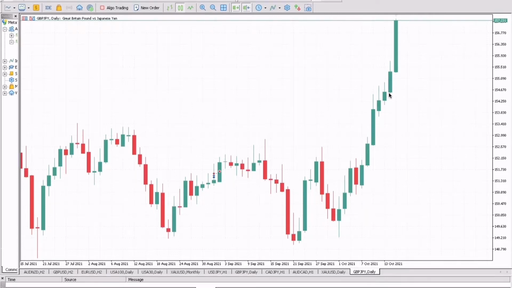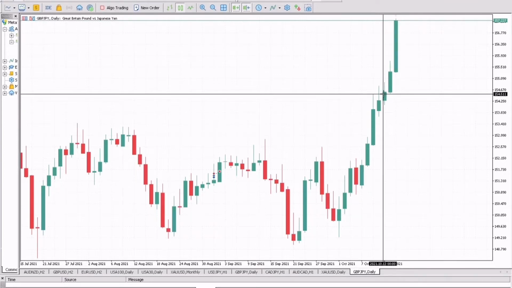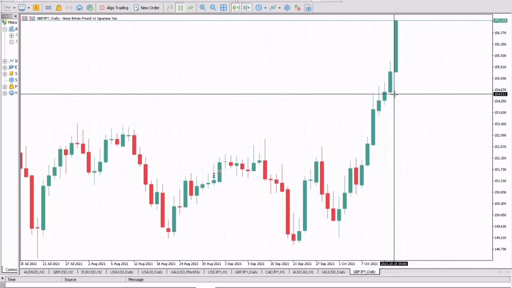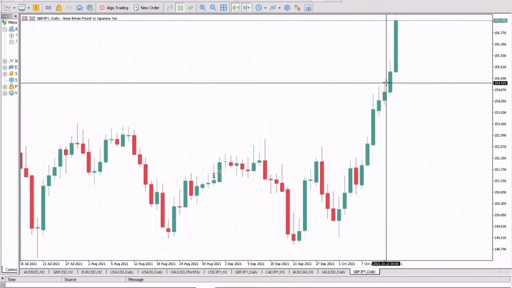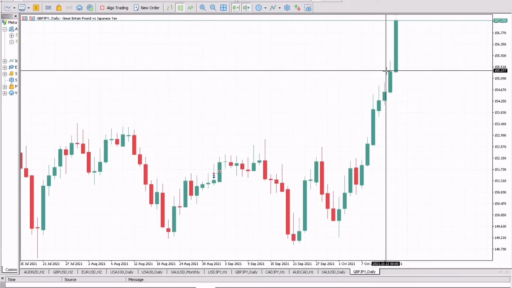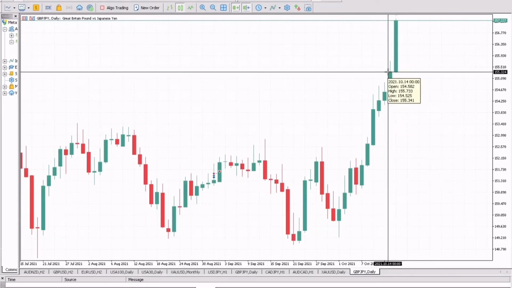The market actually opened from this point, then closed at this point. The lowest it went down to was this point, and it went as high as this point, then it came down that day, and when the day was over it closed there.